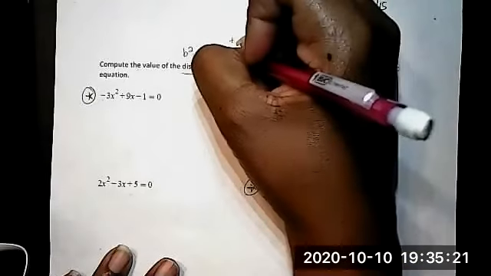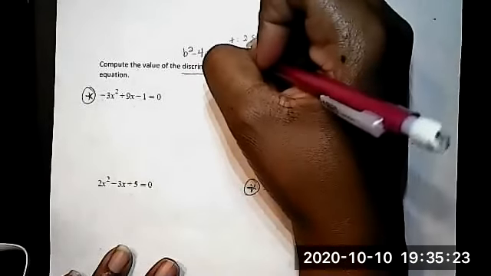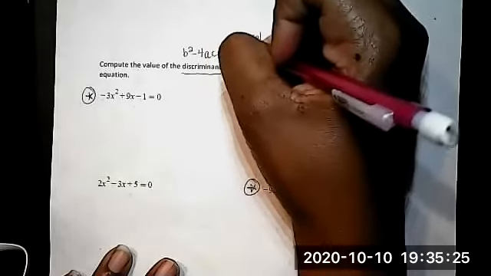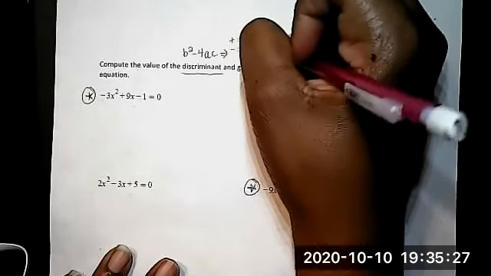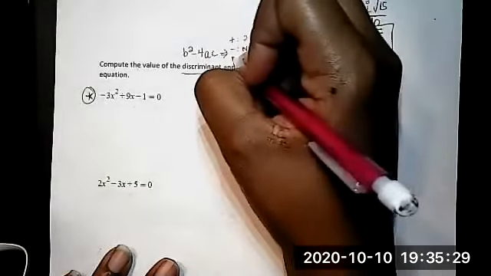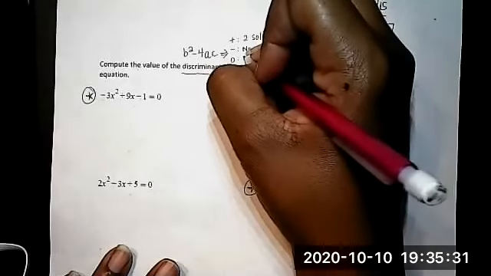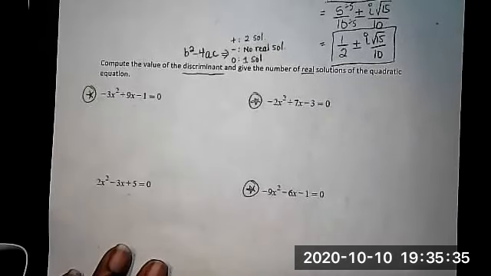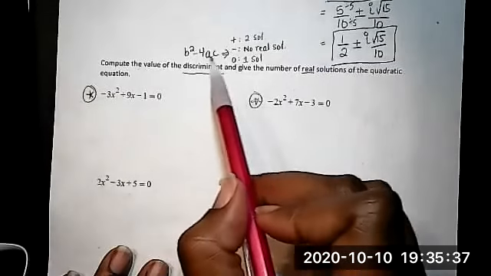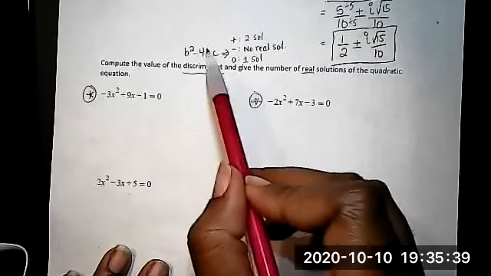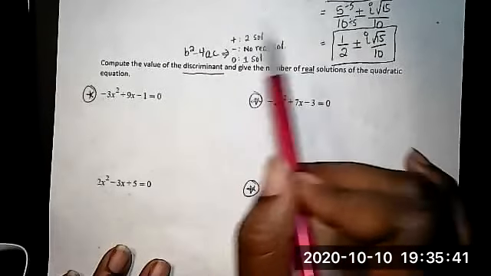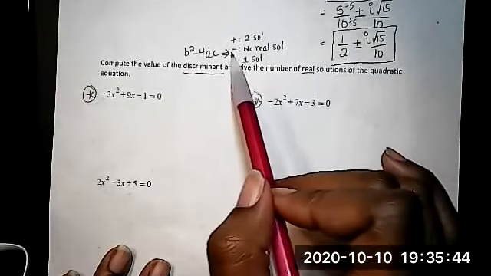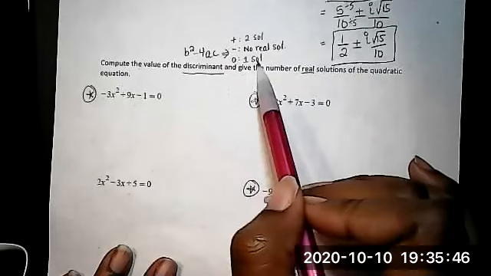If the answer is negative, you have no real solutions. If the answer is 0, you have one solution. Okay, that's the issue with that. So you put b squared minus 4ac, figure it out, whatever that answer is. If it's positive, 2 solutions, negative, no real solution, 0, 1 solution.